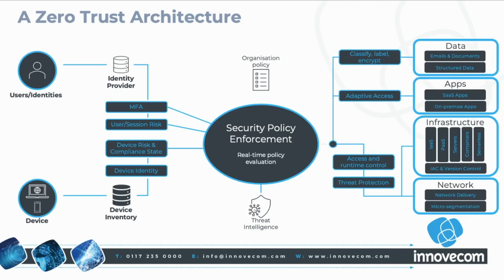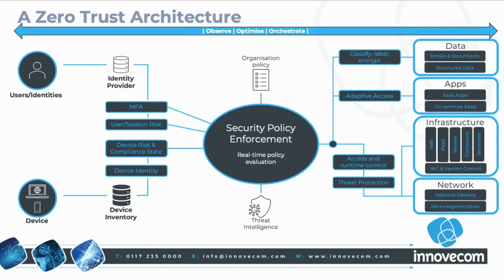So we must integrate threat intelligence with our organization's security policy and the telemetry data to provide continuous real-time evaluation for consistent policy-based and real-time protection. Of course, we then need to continually observe and optimize and orchestrate our response and improvements.